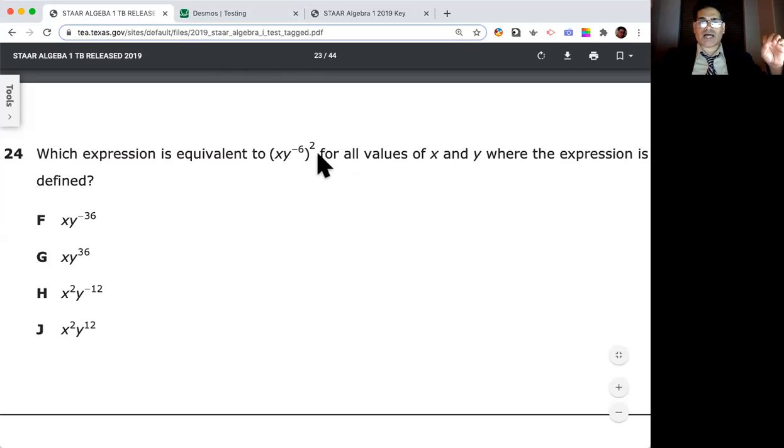We multiply the outside exponent with each exponent carried on each variable. Whatever exponent x has, multiply that by what's outside of the parentheses. Whatever y is carrying as an exponent, multiply that by what's outside.